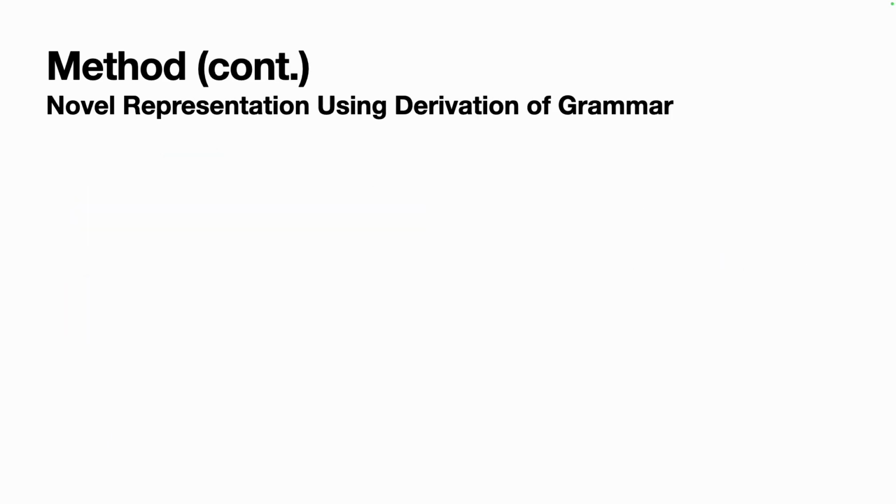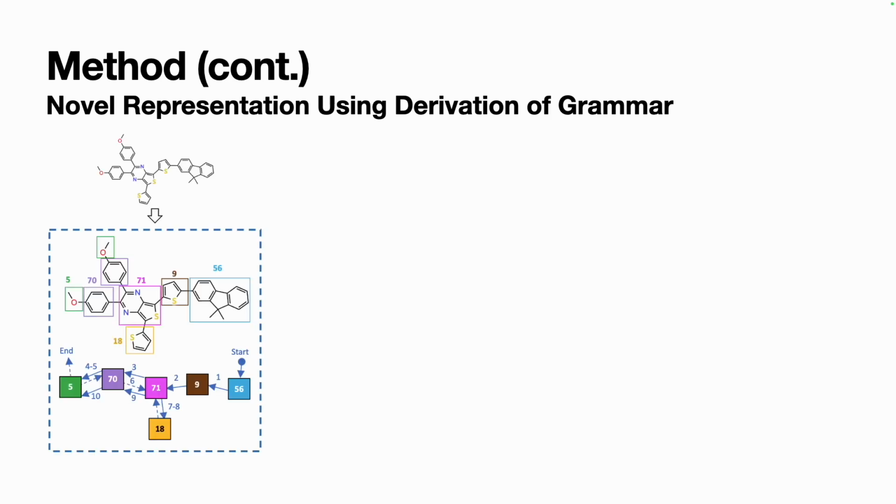Now, we can represent molecules as derivations of this grammar. Each valid derivation of the grammar can be converted to a random walk over this motif graph.